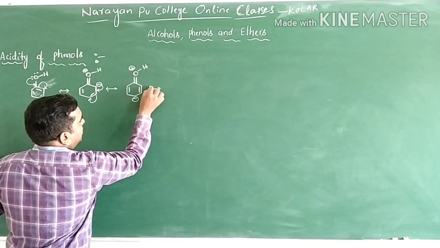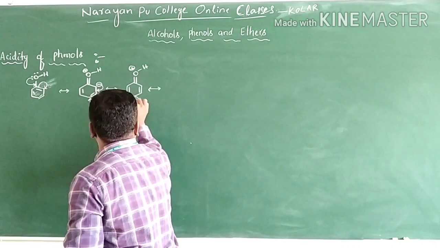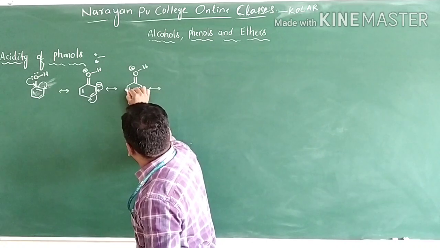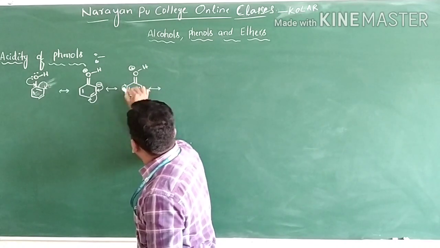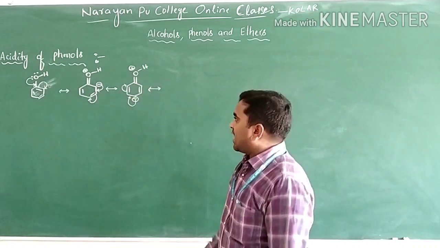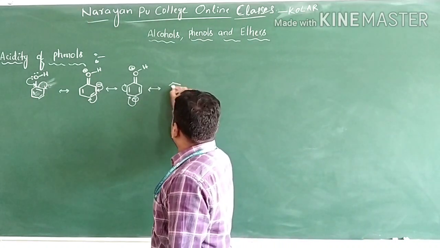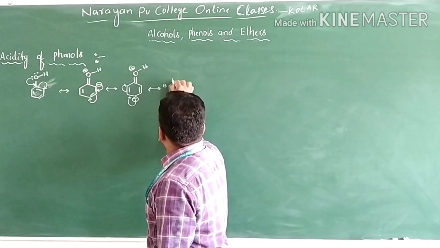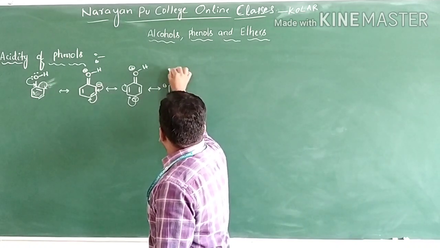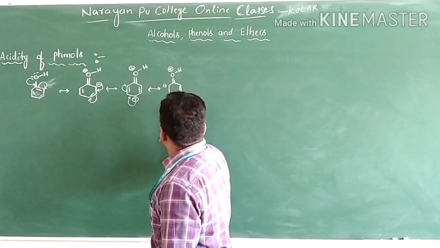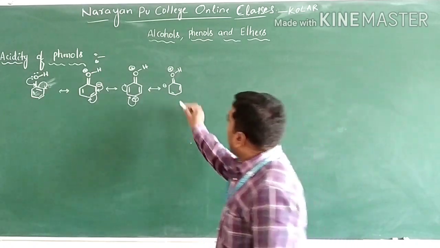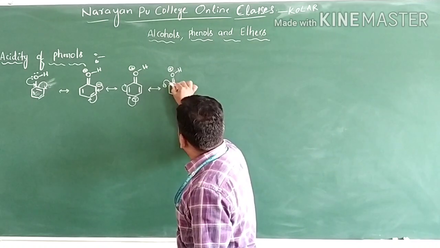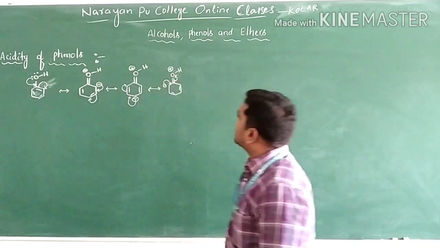In the next resonating structure, the double bond electron pair comes here, the single bond is converted into a double bond, and the double bond electrons shift towards this carbon, which gets the negative charge. So you get the compound with a negative charge and a double bond, and a positive charge on the oxygen. Finally, the negative charge and double bond, separated by a single bond, again form a conjugation, and these bond electrons move towards the oxygen.